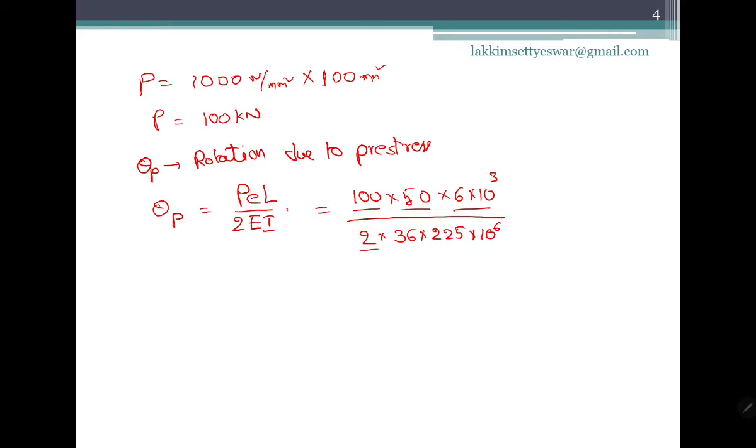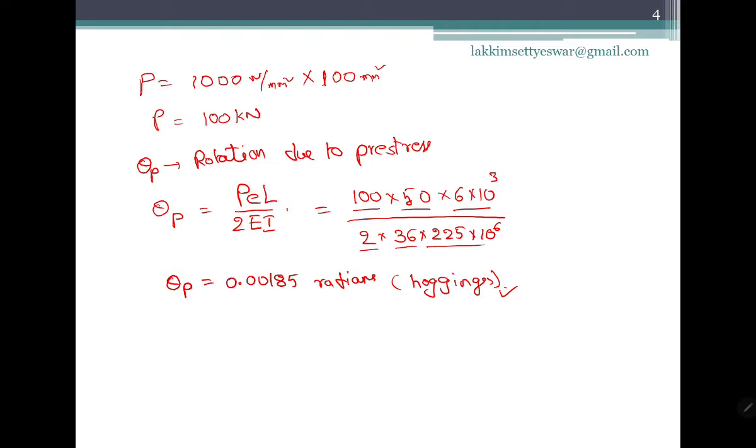So 2 is 2 into E into I. So after calculating this, we will get theta P is equal to 0.00185 radians. This is hogging effect. So due to pre-stressing forces, beam is getting hogging nature.